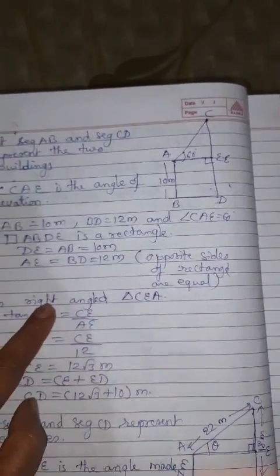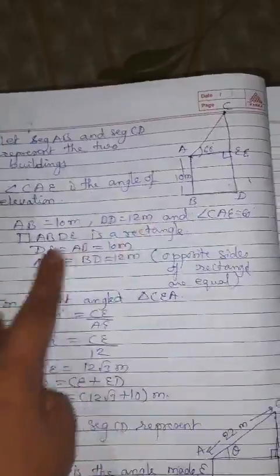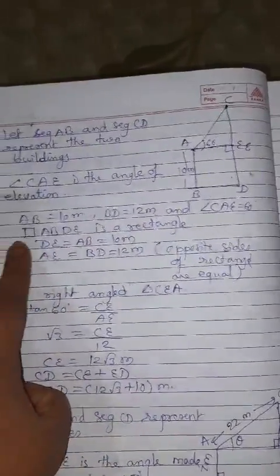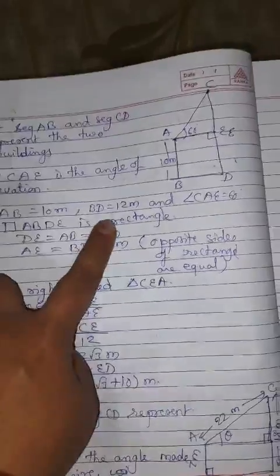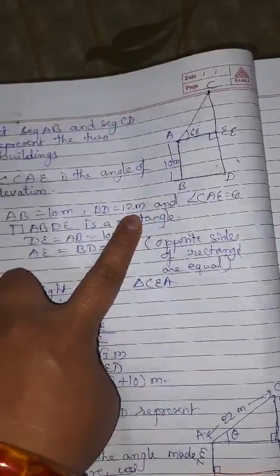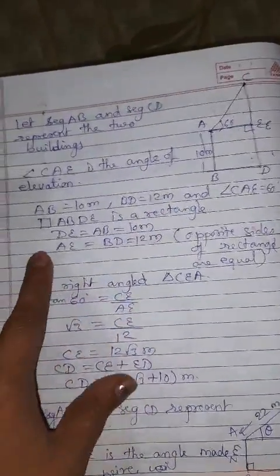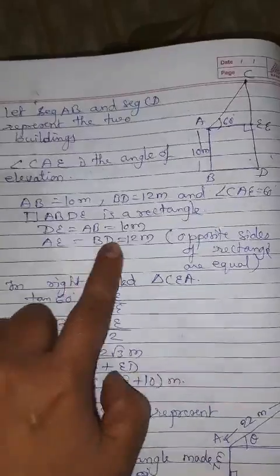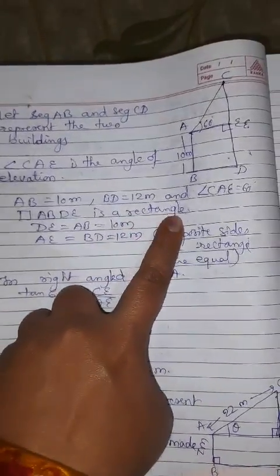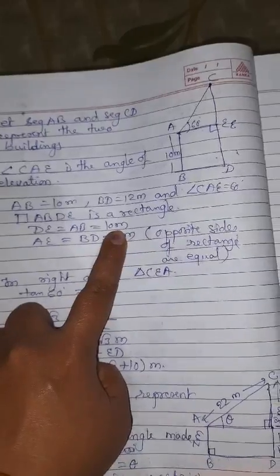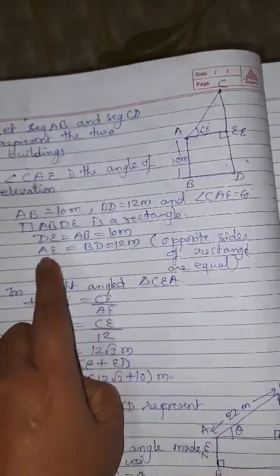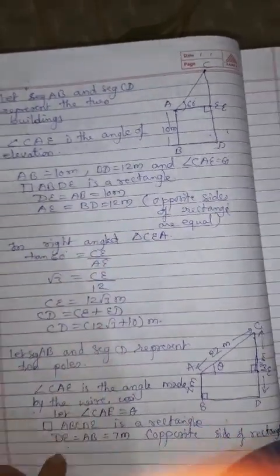Angle CAE is the angle of elevation, that is 60 degree, it is given. AB equals 10, the height of the first building. 12 meter is BD, the width of the road. Quadrilateral ABDE is a rectangle. So DE is equal to AB. Opposite sides of the rectangle are congruent. So 10 meter, and AE equals BD, that is 12 meter.